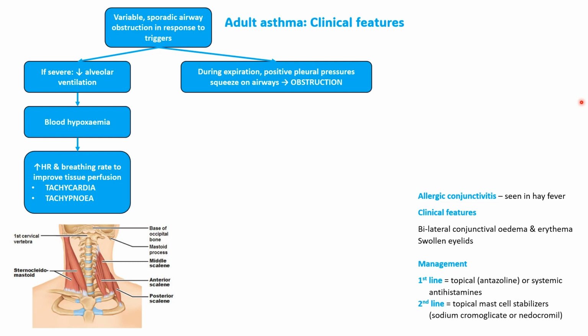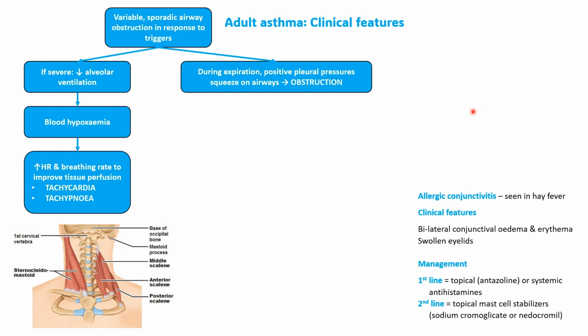The intrapleural pressure may become positive relative to the intra-alveolar pressure, relative to the pressure within the alveoli. The pressure within the pleural space is greater than the pressure within the alveoli, so the airways are going to collapse. Okay, and it's going to contribute to the acute asthma developing.